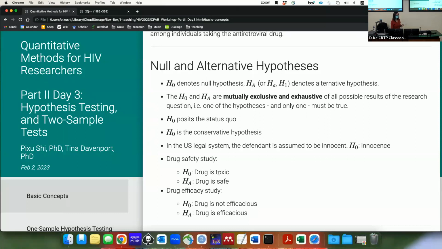It's going to hurt the drug company, but your patient's priority is higher. And in the drug efficacy study, you don't want to say a drug is effective when it's actually not, because that's going to cost the health system a lot of money. So that's why we put the status quo, the more conservative one, in the null hypothesis. Any questions?